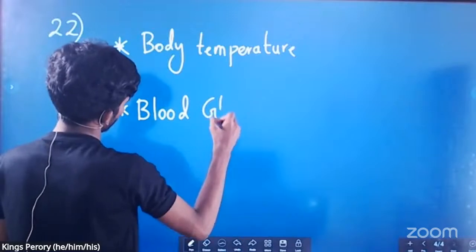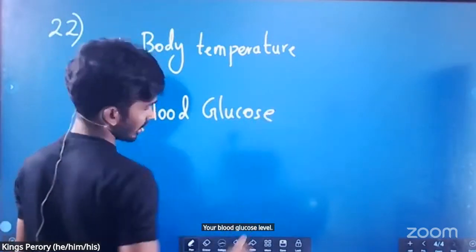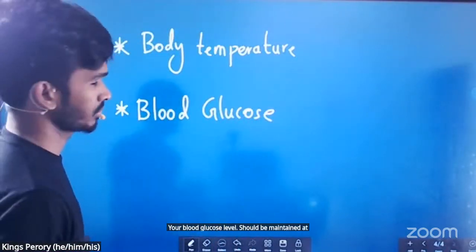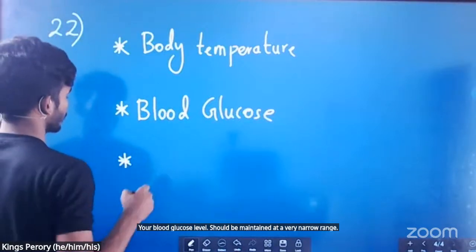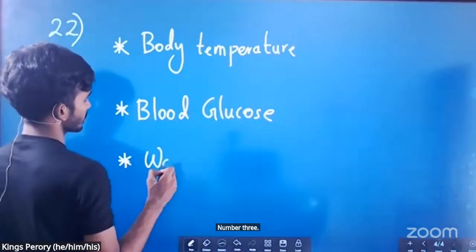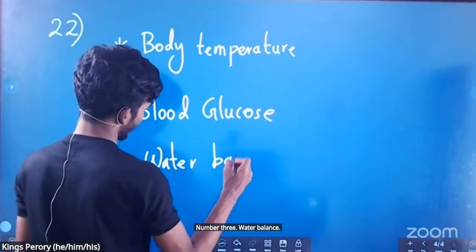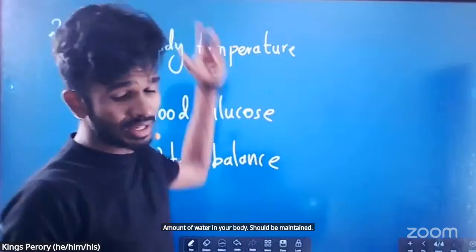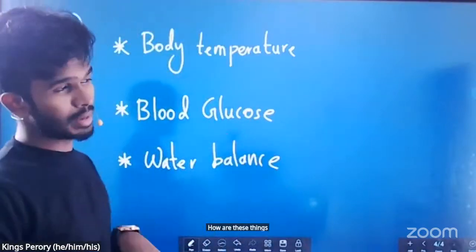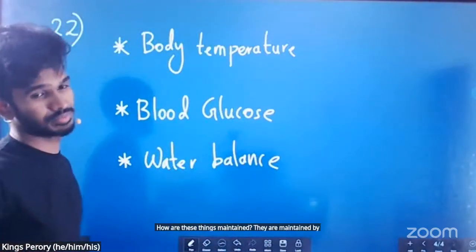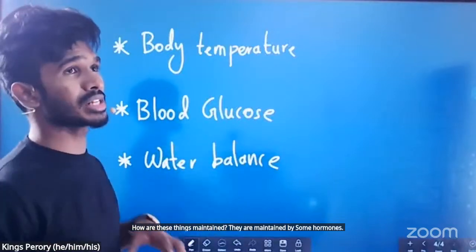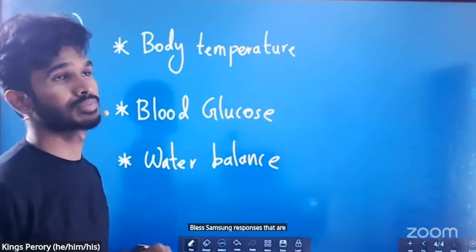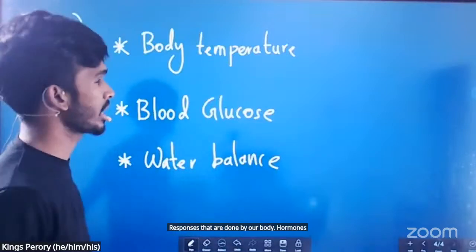Your blood glucose level should be maintained at a very narrow range. Number three, water balance. The amount of water in your body should be maintained. How are these things maintained? They are maintained by some hormones plus some responses that are done by our body.